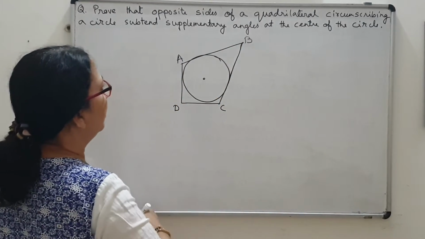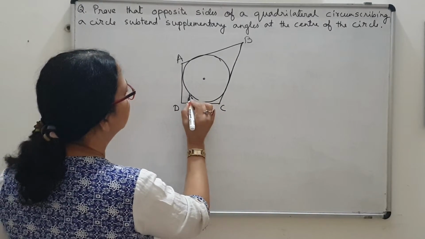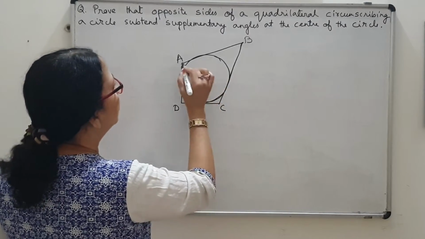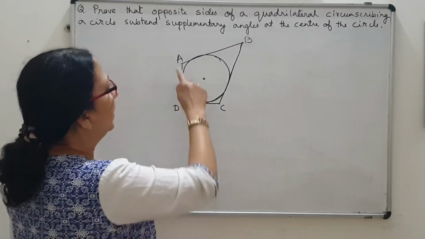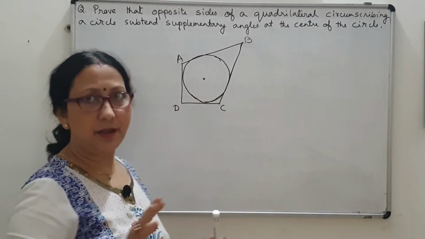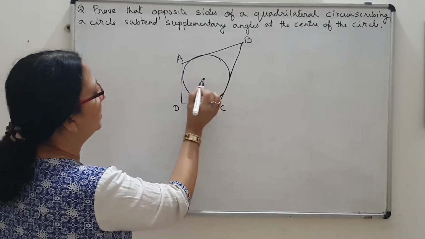That means opposite sides, so let me take first AB and CD as opposite sides. This is touching here, okay, fine. So you have to prove that the angle subtended by AB and the angle subtended by CD at the center are supplementary. So let me find the angle subtended by AB at the center.